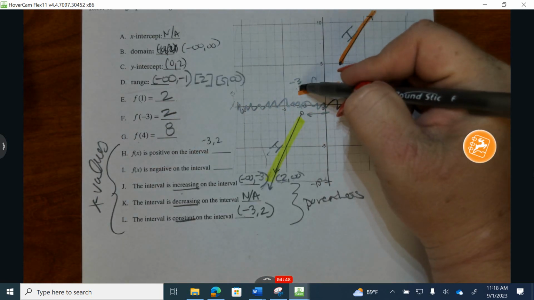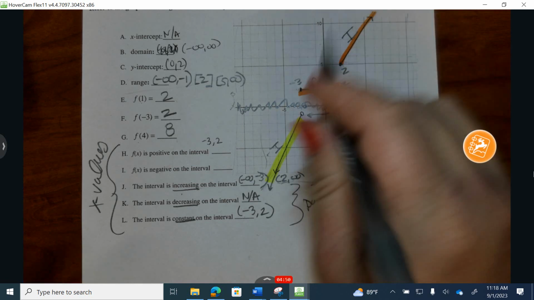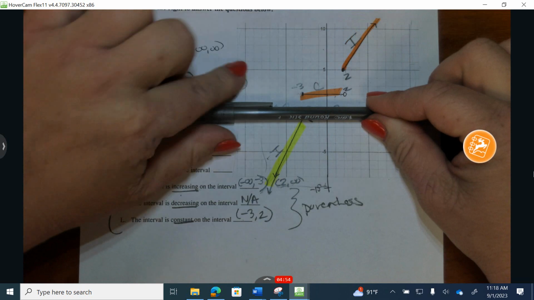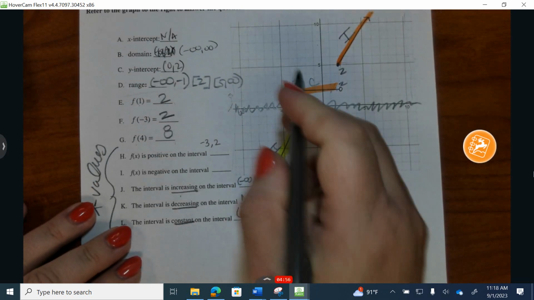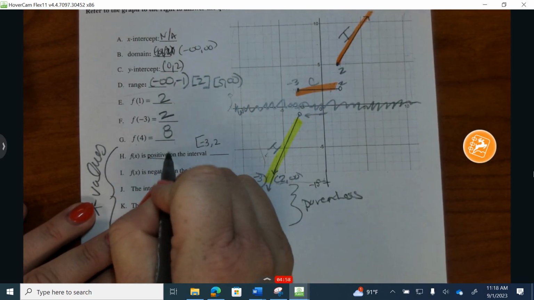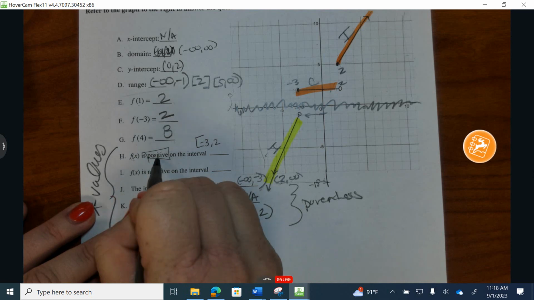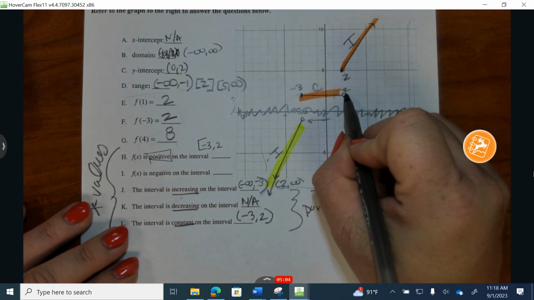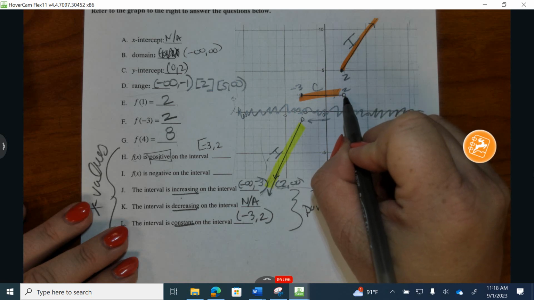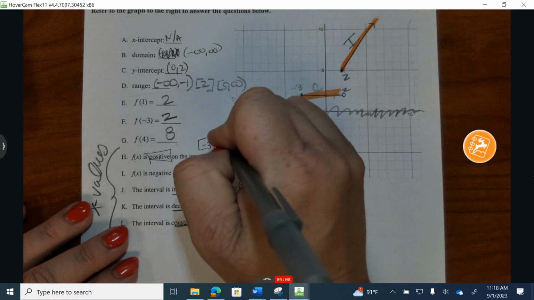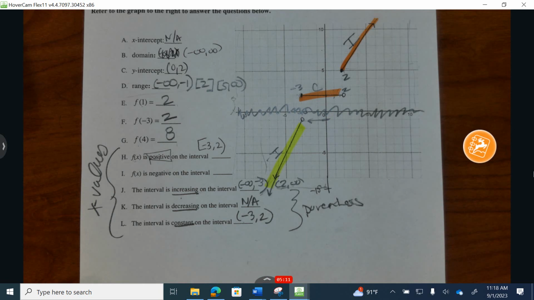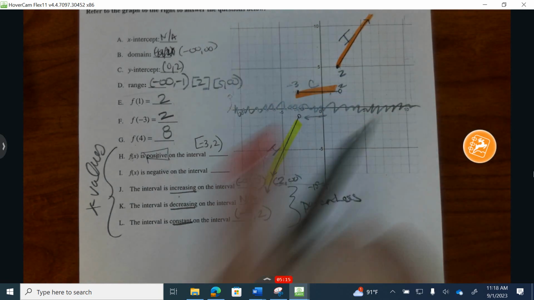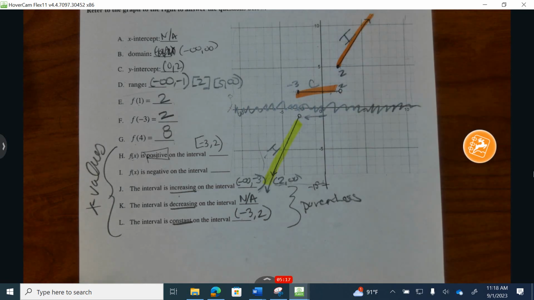At negative 3, it's a closed dot, and it's above the x-axis. All of these have positive y values. So this has a positive y value. I have to include it when I'm asked where are the y values positive. 2 has an open circle, so there's not a positive y value within an open circle. There's not an actual point in the positive region when x is 2 at this part of the interval.